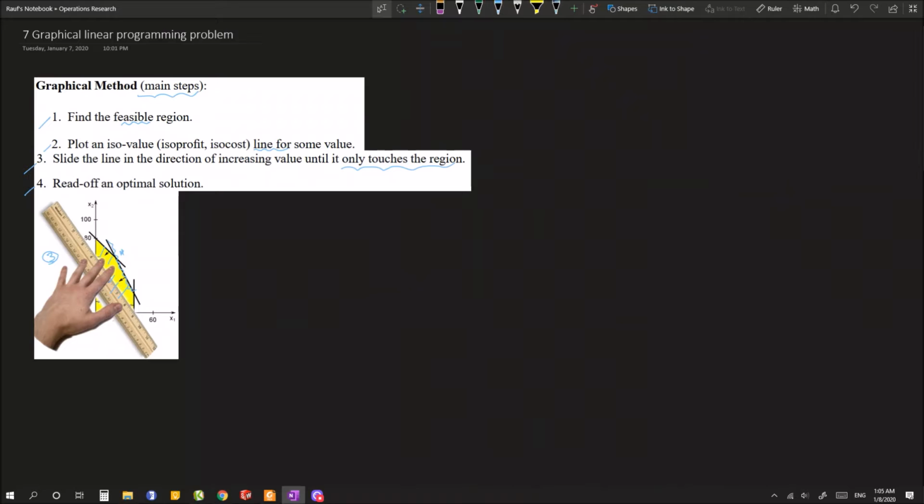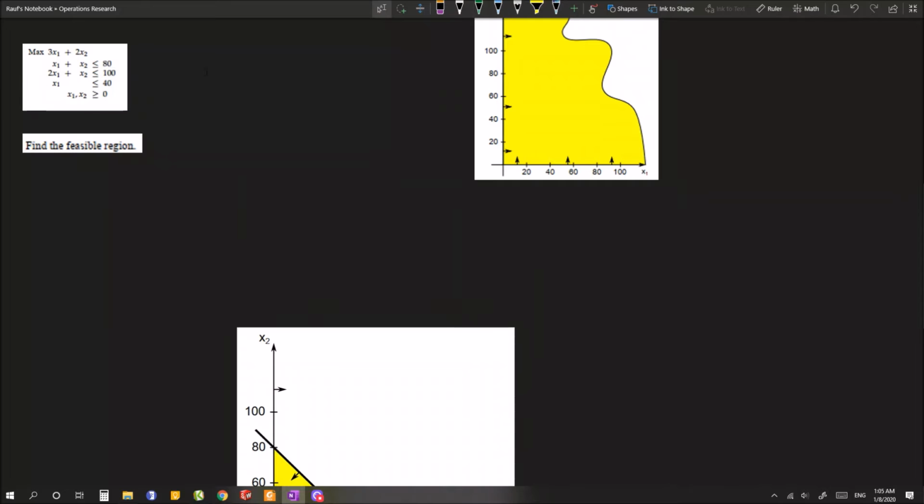Okay, for the topic of today, we will talk about an example, a problem on solving a linear programming model using the graphical method. So let's say we have an example here, without any written form of that example, just for the sake of abbreviation and for the favor of time.